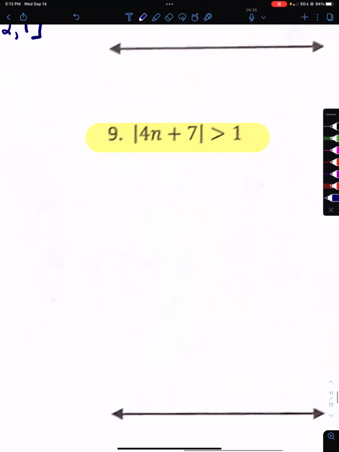Absolute value inequality. This time it is greater than, so it is an OR statement. The absolute value is already isolated. So my two cases, first one, 4n plus 7. I'm going to go ahead and do the negative first on this one. So I'm going to flip the inequality and do -1.